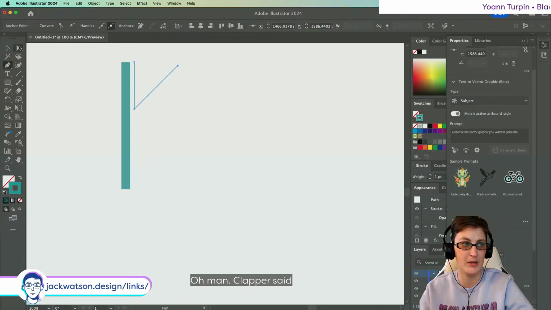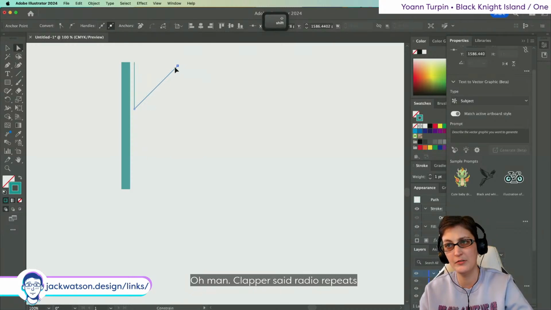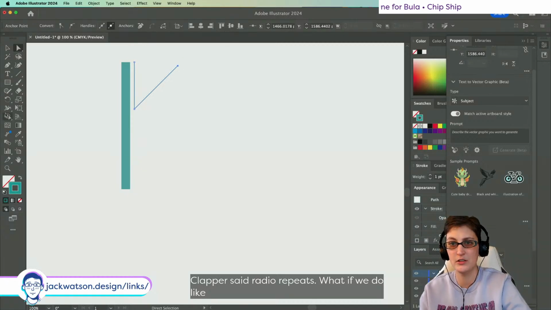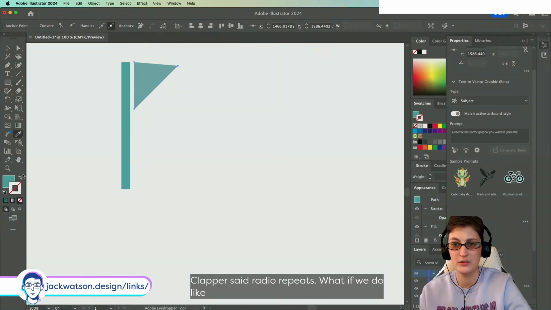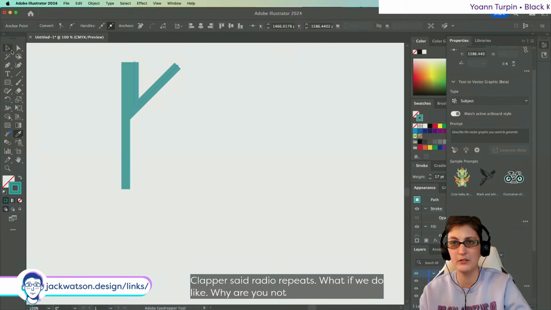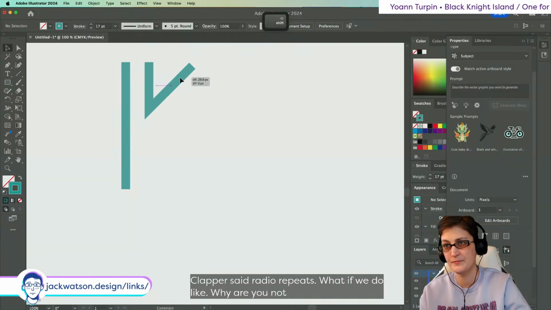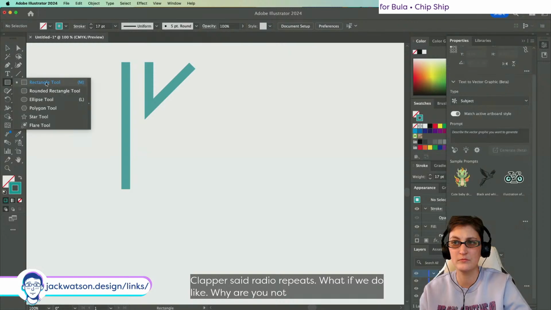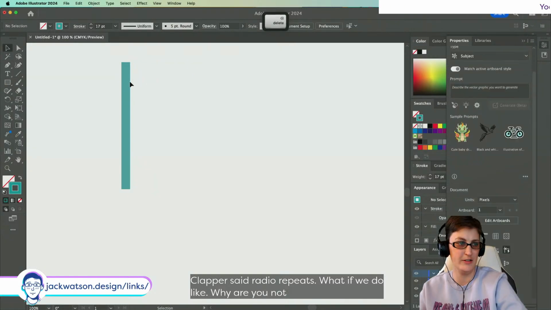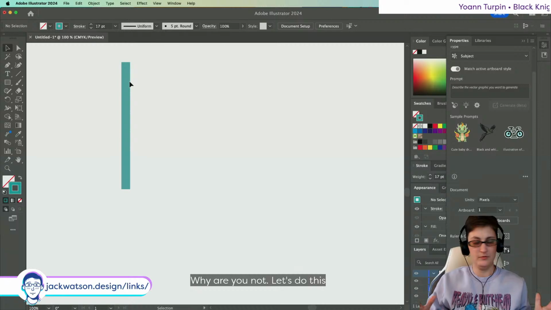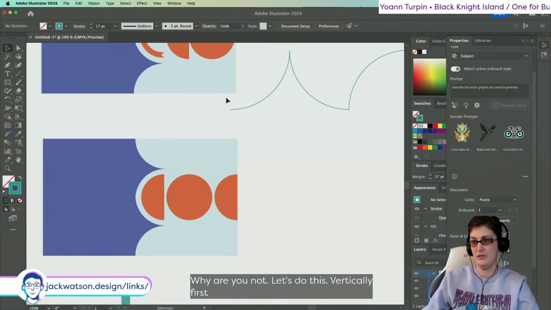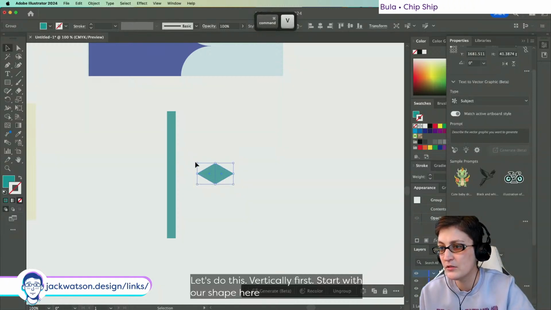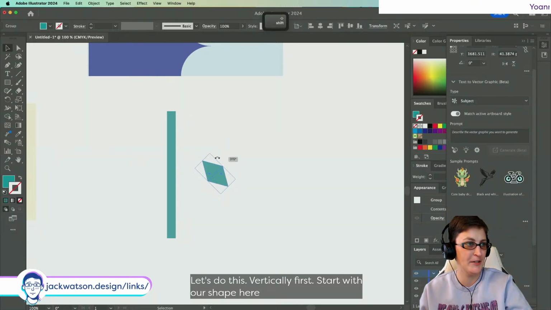Pepper said radial repeats. What if we do this vertically first. Let's start with our shape here. A little diamond.